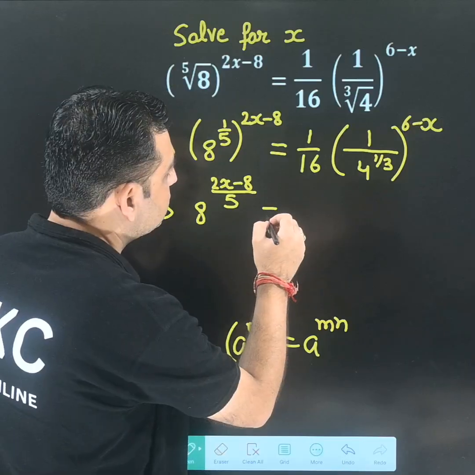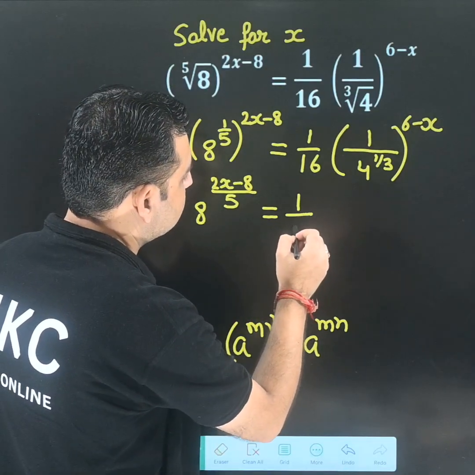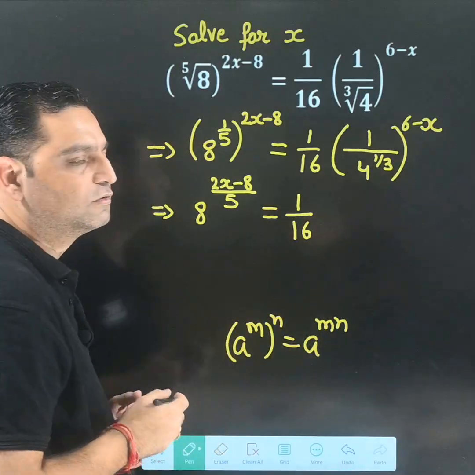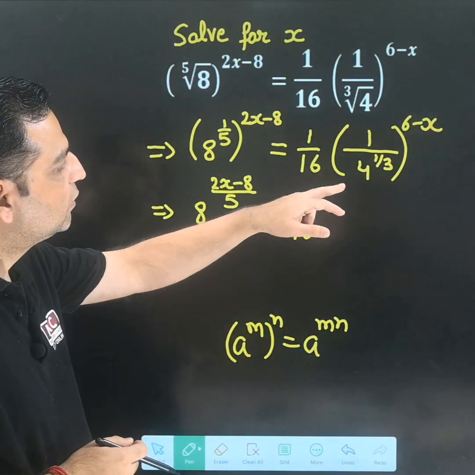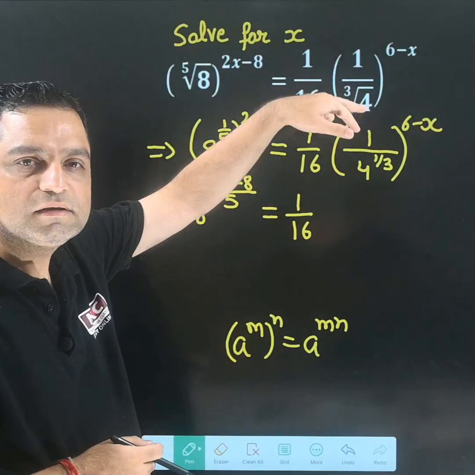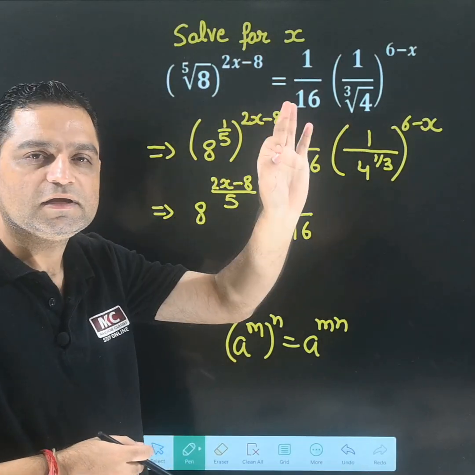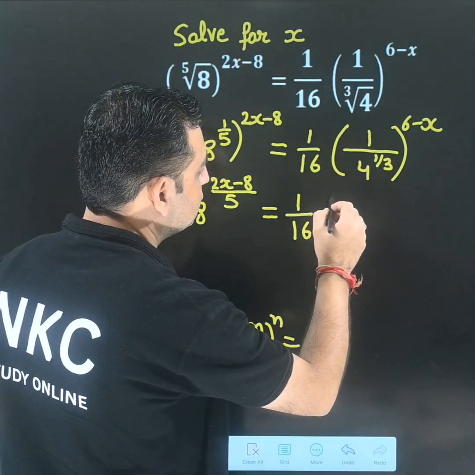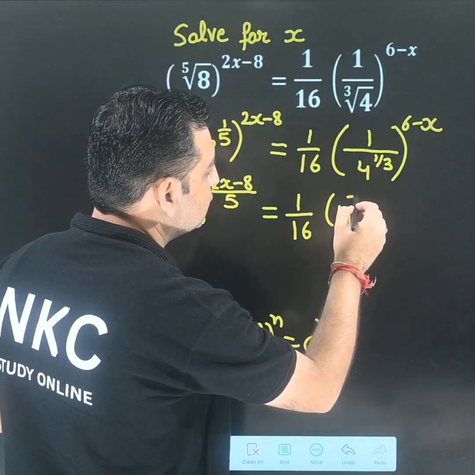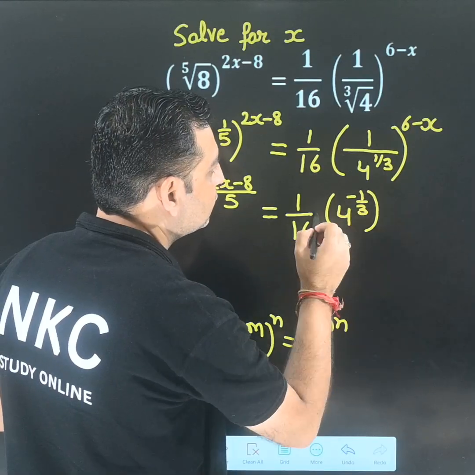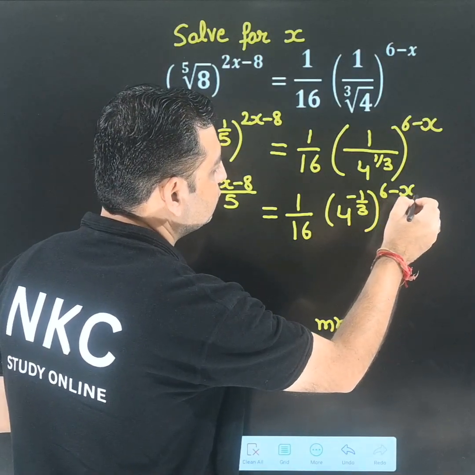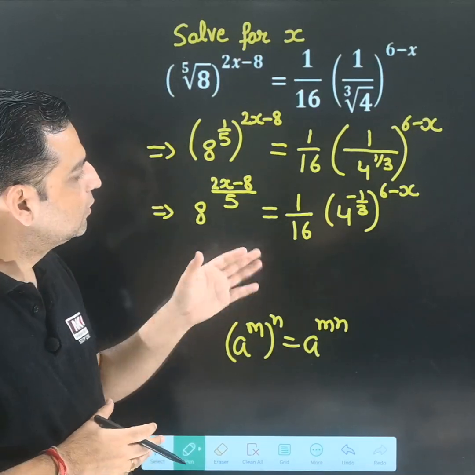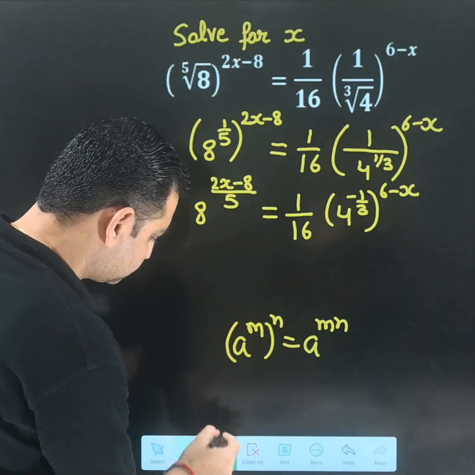And on the right side, 1 over 16, and this is 4 to the power 1 over 3, right? If I want to bring this 4 into the numerator, then the sign of the exponent will change. Like this 4 power 1 over 3, I can write as 4 power minus 1 over 3. And further the exponent is 6 minus x only. I hope till this step you are clear.